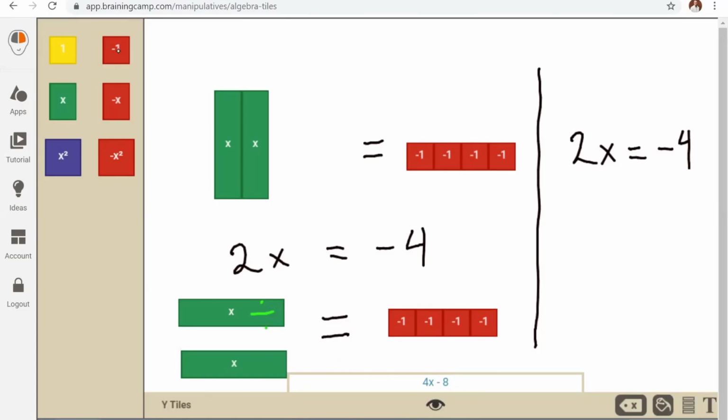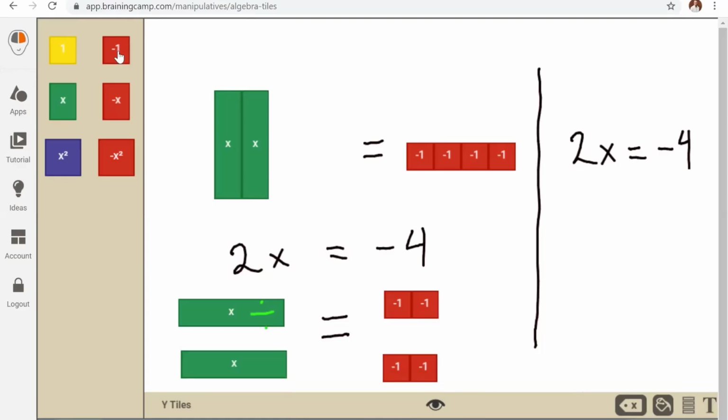Now we want to divide our -4 into 2 groups. So we'll move one group up here, and then we'll create a second equal group right down here. And we can see that every 1x is equal to -2.